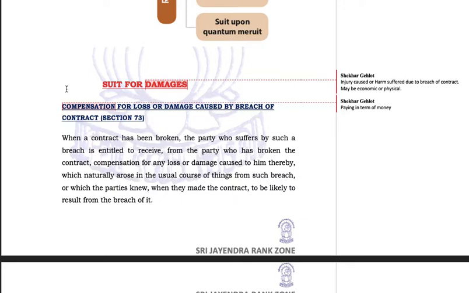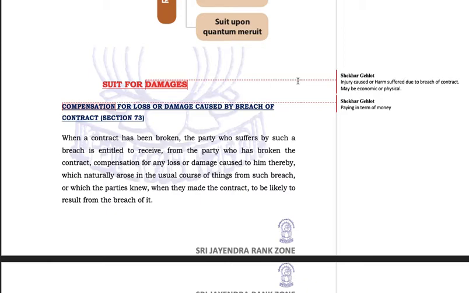Compensation for any loss or damage caused to him thereby, which naturally arose in the usual course of things from such breach, or which the parties knew when they made the contract to be likely to result from the breach of it.